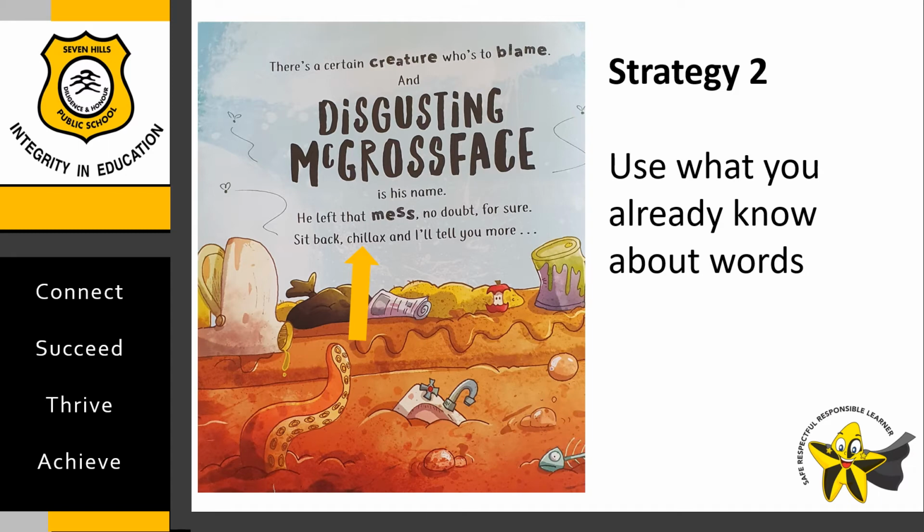Okay, another strategy that you can use, boys and girls, is to use what you already know about words. So in your spelling lessons, and this is particularly for those students in years 3, 4, 5 and 6, you have a look at the etymology of some words, so the word origins and where they come from.